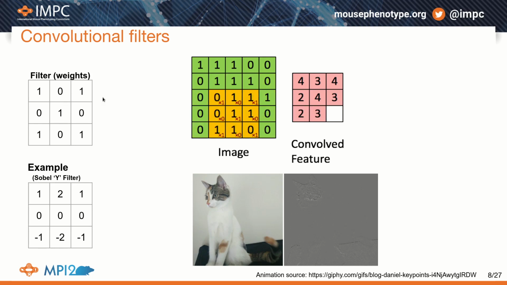And if we superimpose our filter on top of the image and we apply the weights to the values in the image, we can compute a number. And if we move it across, we can compute numbers for each part of the image that's covered, and that gives you, so we take the image and we get a convolutional feature from it.